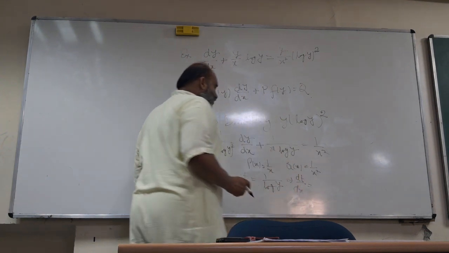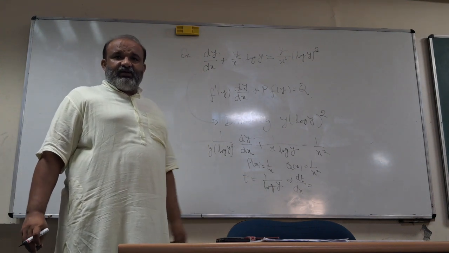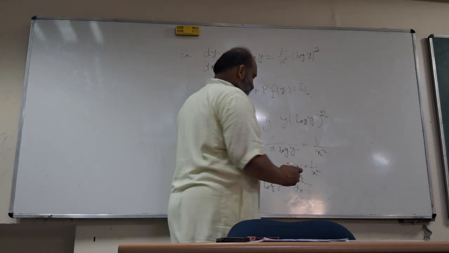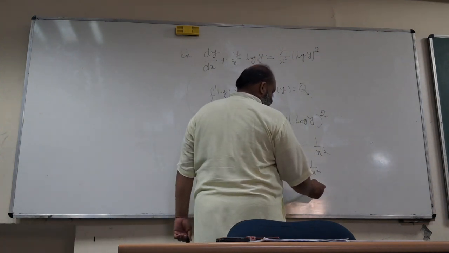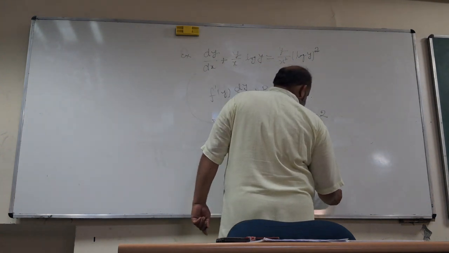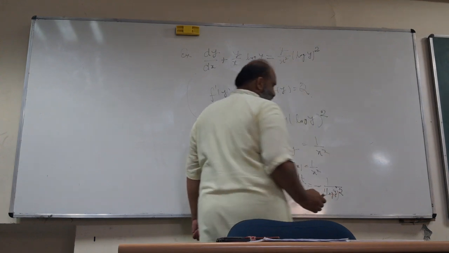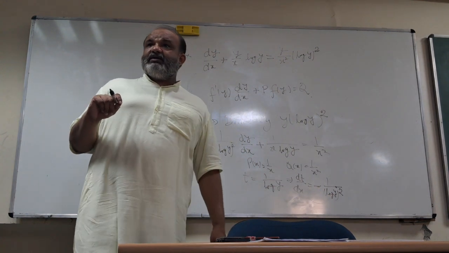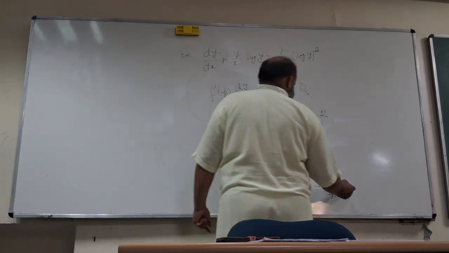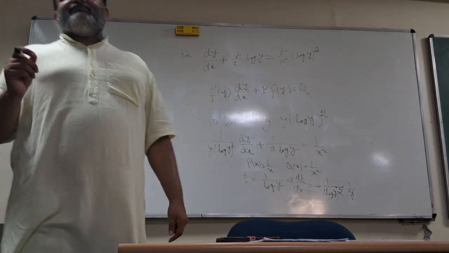This will be equal to, now apply chain rule, 1 upon log y, this will be equal to minus 1 upon log y all square, and then the derivative of log y, that will be equal to 1 upon y, and then the derivative of y, that is dy upon dx.